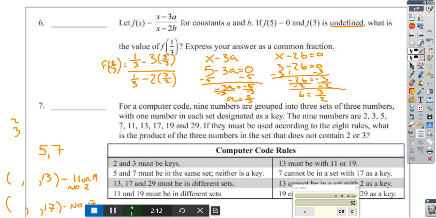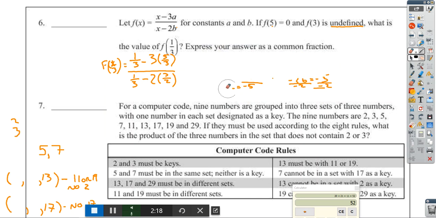I'm going to give myself some more room here. So 3 divided by 3 is 1. So obviously we get 1/3 minus 5. In the denominator, 2 divided by 2 is 1, so we get 1/3 minus 3.